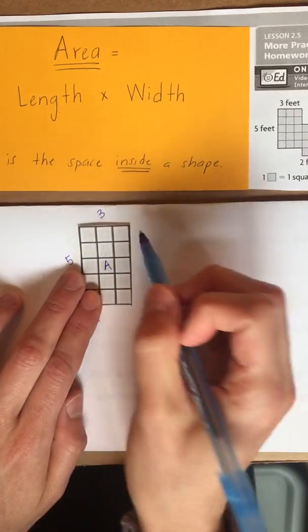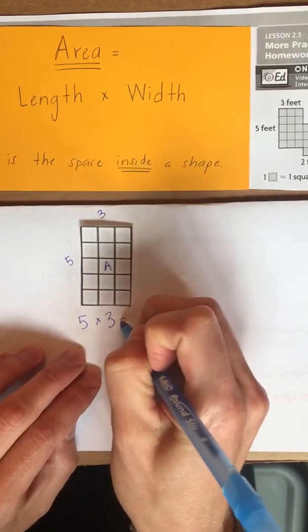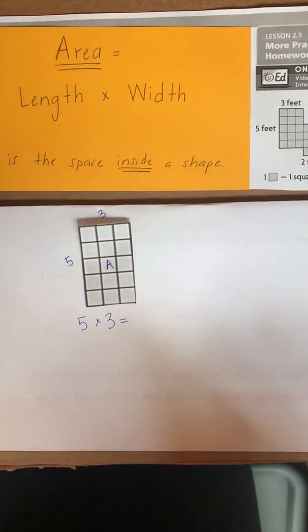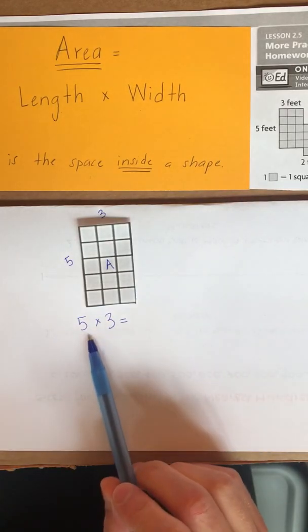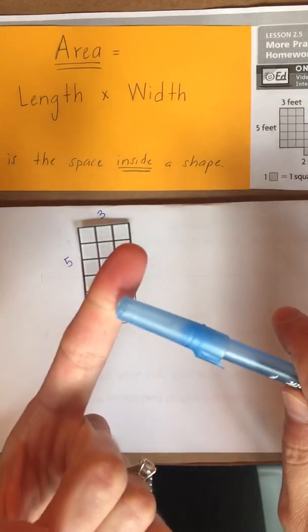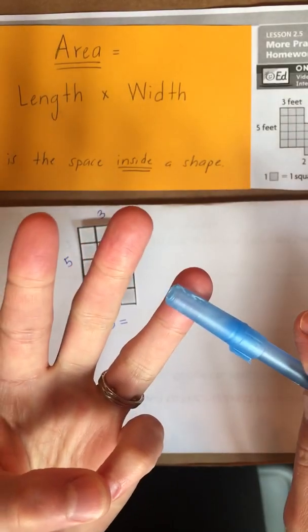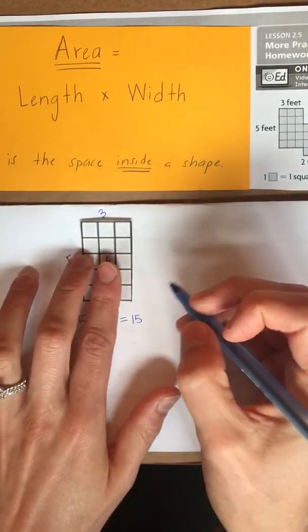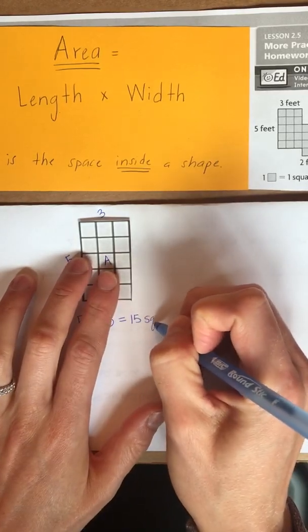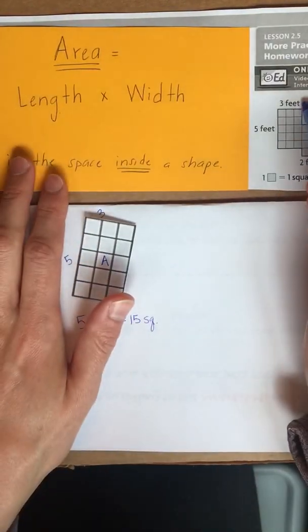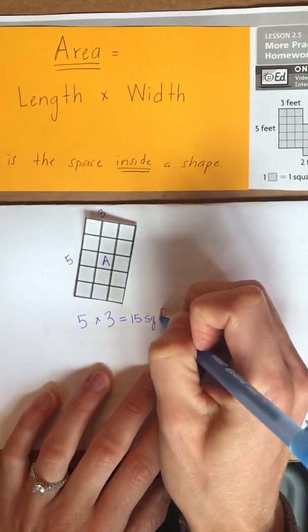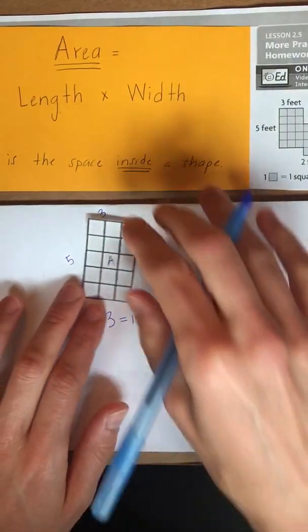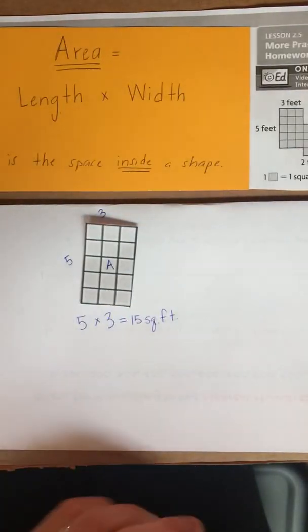Very good, 3, because 3 is my width. What is 5 times 3? Well, if you're not sure, you can skip count by 5s 3 times. 5, 10, 15. Very good. 15, and remember, when we work with area, we have to label it square, and in this case, it's feet. So square feet. Good. So the area of A is 15 square feet.